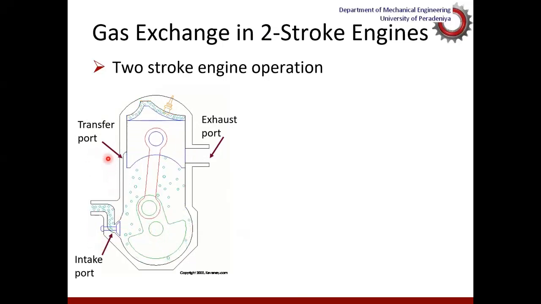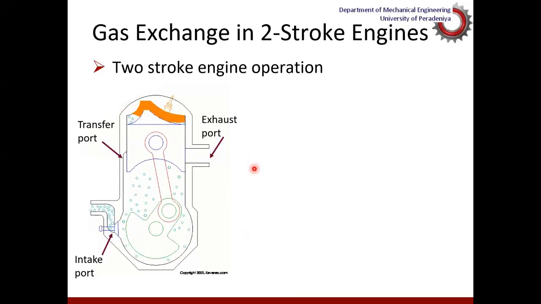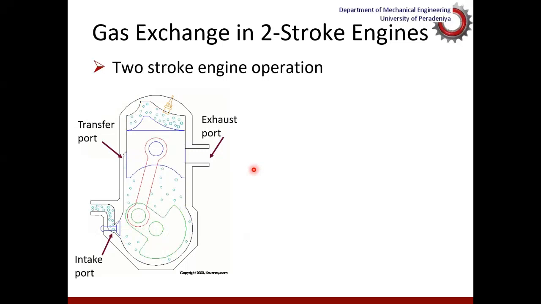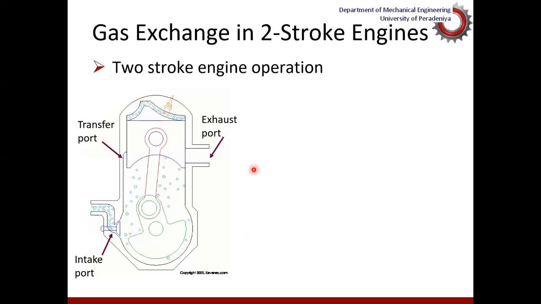As the air, or the air-fuel mixture in petrol engines, comes in, the incoming air pushes the exhaust gas out of the system. So that is how the system works. There are 4 strokes basically in any engine operation. In 2-stroke engines, 2 engine strokes are combined together so that all 4 engine strokes are completed in one complete engine revolution.